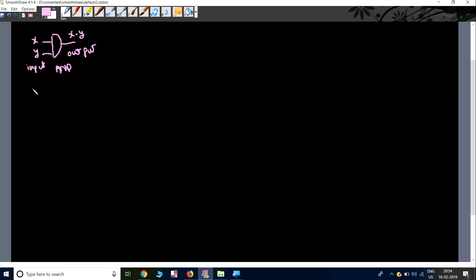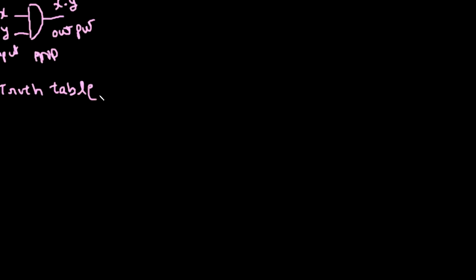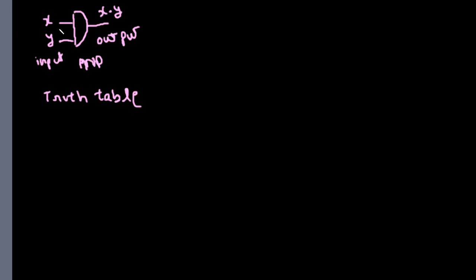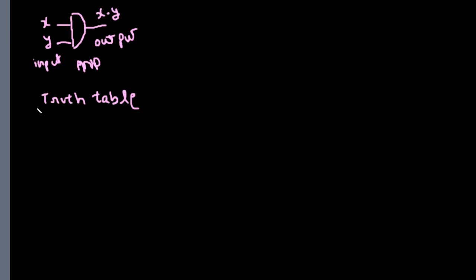So let us create the truth table. Let me zoom in for you guys. Now we have two inputs, x, y, and the output would be x into y.